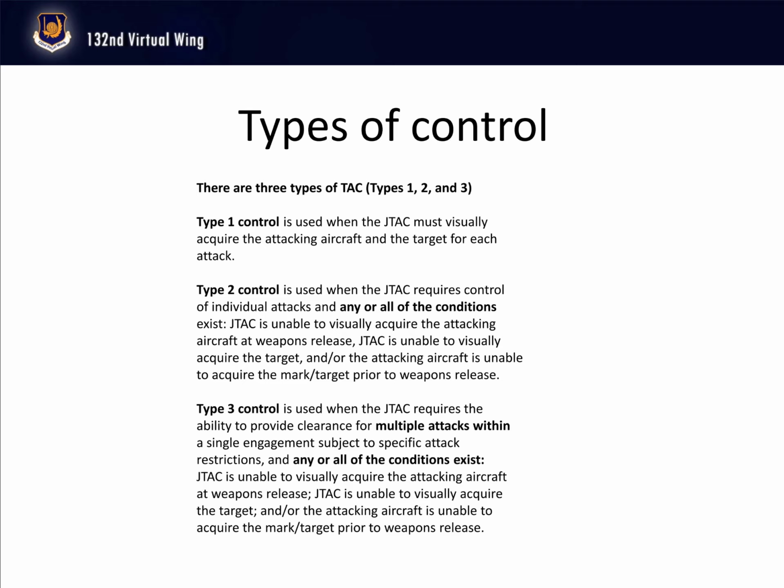So in this situation, the JTAC wants to have eyes on the target and eyes on the aircraft. And only after he assesses the geometry of the attack and sees that the aircraft is not pointing at him but at the target, he will give the clearance to fire. Okay, it's difficult. Things happen fast because consider you are diving for a gun run on a target with a fast mover.